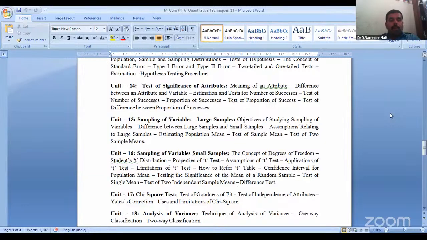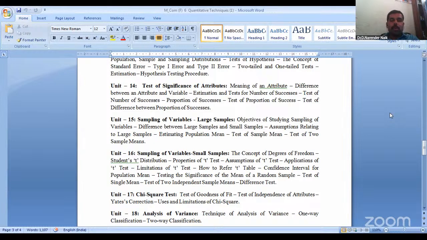W.S. Gosset was working in a factory. He was very busy with research findings, but no one encouraged him to publish them. Then he invented a pen name, that is T. That is called the student's t distribution.